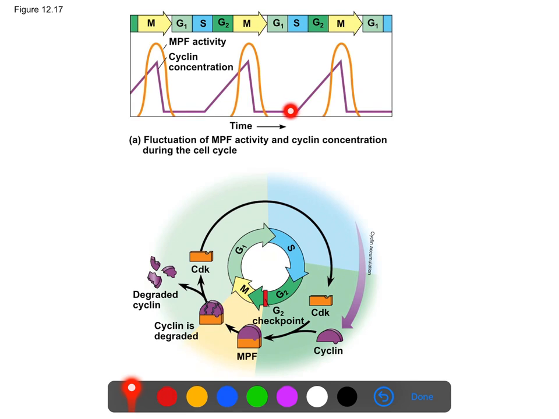And at the end of mitosis, boom, both of these things reset to zero. So that's why cyclin is a clock, right? However long it takes for cyclin to build up high enough to start activating the MPFs, that's how long you spend in G2, or the later half of S phase.